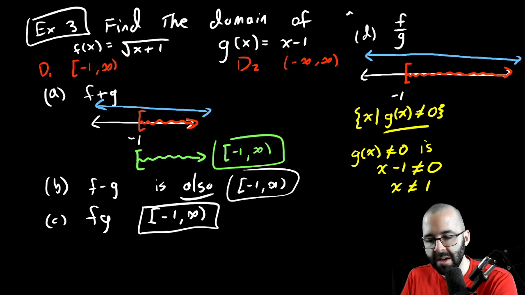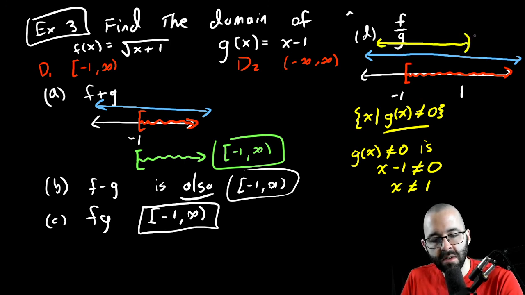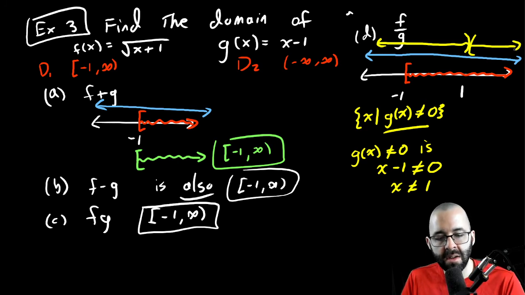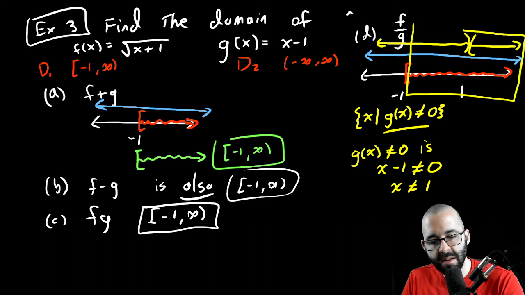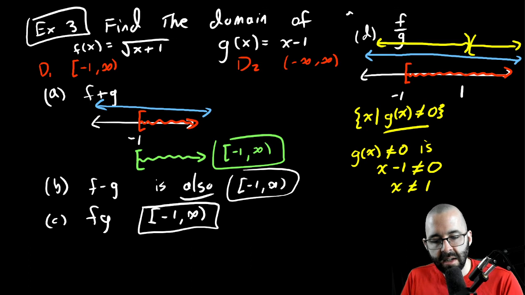So this third set is all the points where x is not equal to positive 1. Oops, positive 1, not negative 1. The positive 1 is over here. So this third set is all the numbers to the left of positive 1 and all the numbers to the right of positive 1. Now we need to find the overlap of all three sets. That's going to be over here. So the smallest overlap is at negative 1.